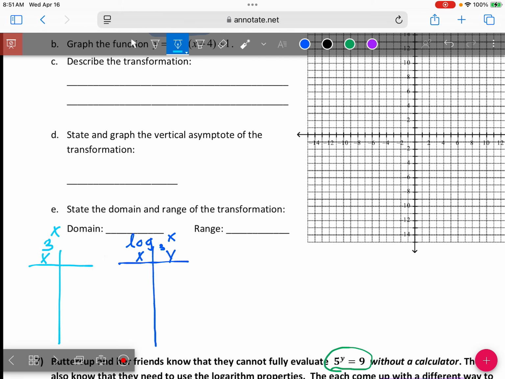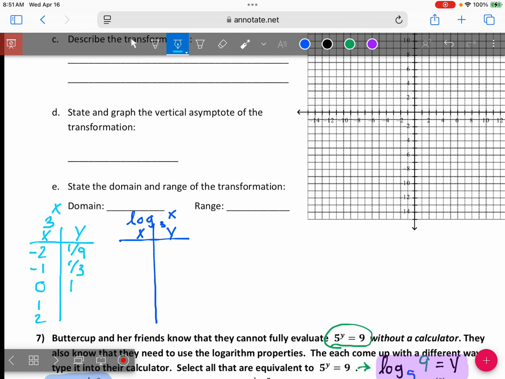We're not going to graph it, but this is something we're much more familiar with because we pick our x's to give that good view of the middle. -2, -1, 0, 1, and 2. Our y we're getting from 3 to the x. So 3 to the power of -2 is 1/9. 3 to the power of -1 is 1/3. 3 to the 0 is 1. 3 and 9.